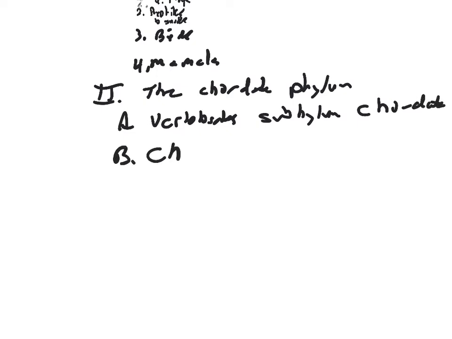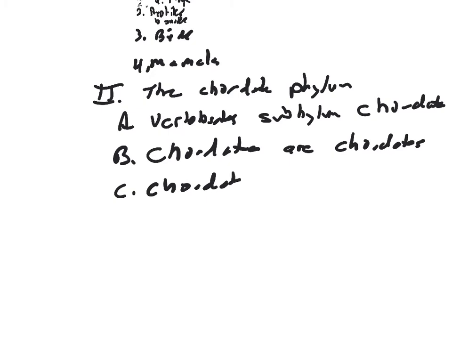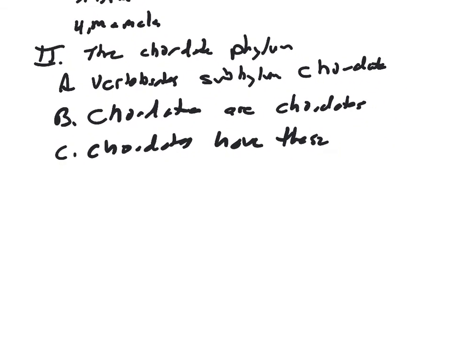B, chordata are called chordates and share these characteristics. Chordates have these characteristics.